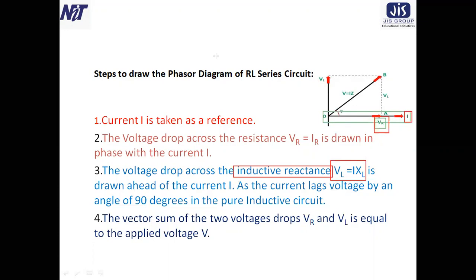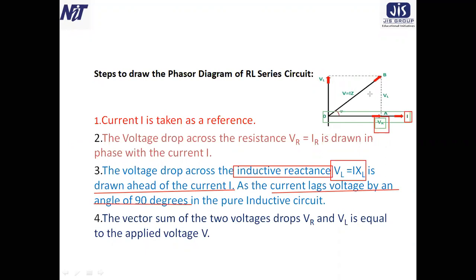Why is this line so important? Because we know that for an inductive circuit, the current lags the voltage by an angle of 90 degrees.